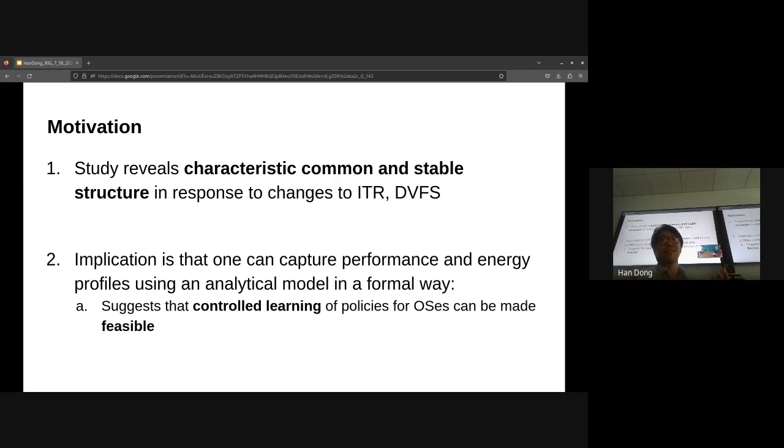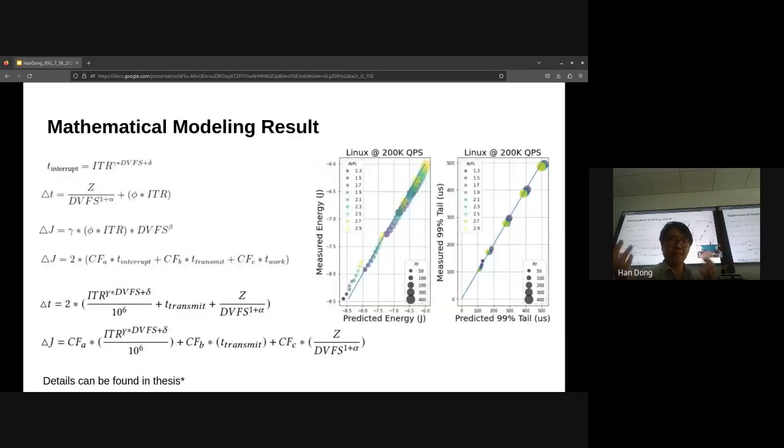And one class of techniques is machine learning techniques, right? Where they're very good at getting a bunch of data and discovering some sort of relationship. I'm not going to talk too much about the modeling result, but basically we created a set of equations that were able to fit the data that we collected.